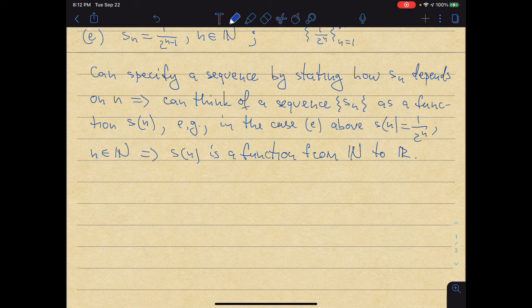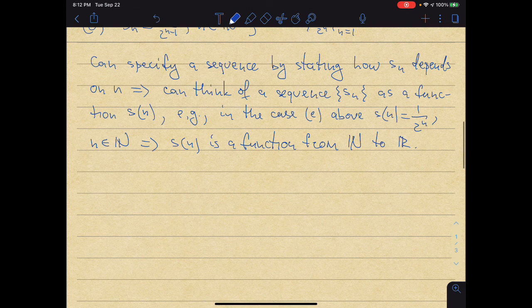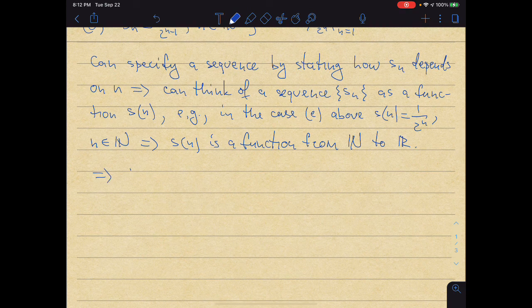So we can identify each sequence with a function from the set of natural numbers to the set of all reals. And now if you have a function, you should be able to graph it. So therefore we can graph a sequence.